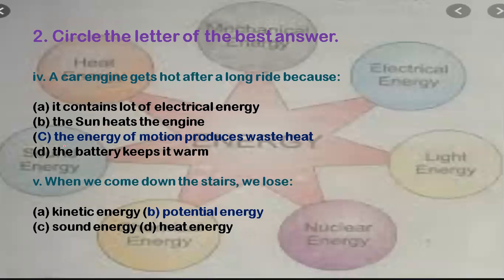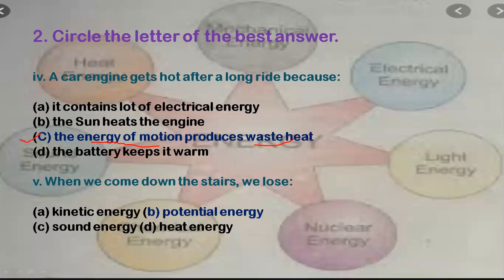So what happens then? The energy of the motion produces waste heat, or the battery keeps it warm. Definitely the energy of motion while it's moving. The petrol inside it is burning, producing heat energy. So waste heat is produced by the energy of motion. This is the correct option.